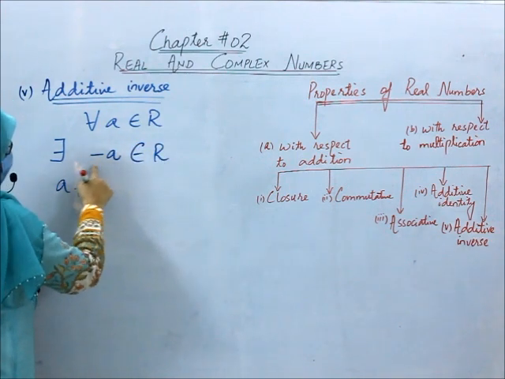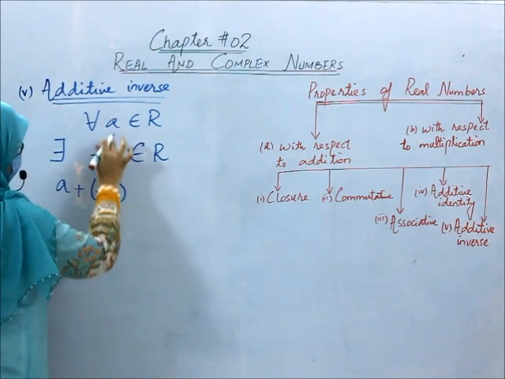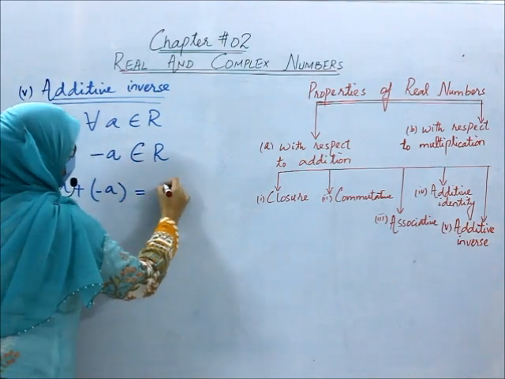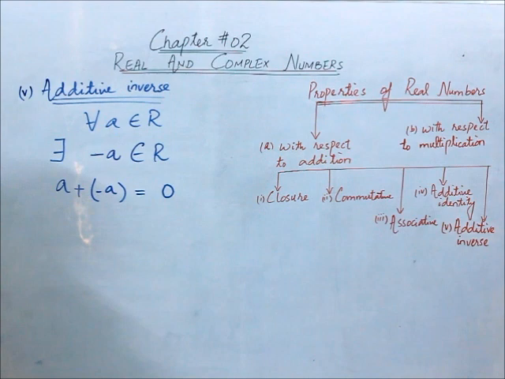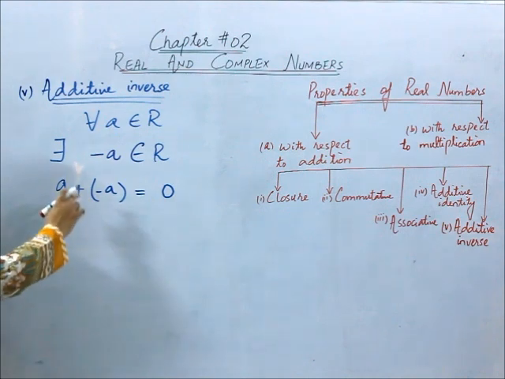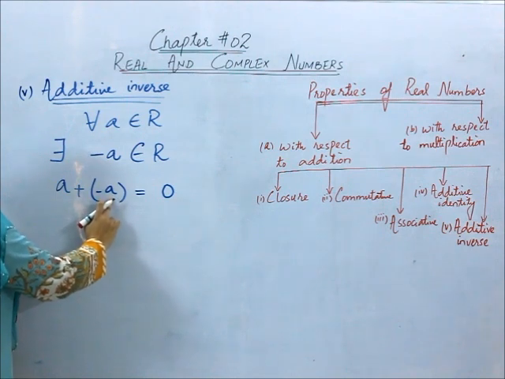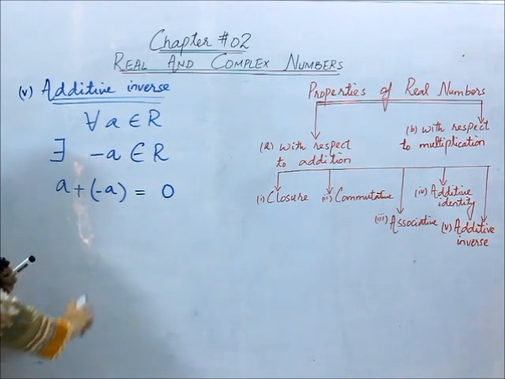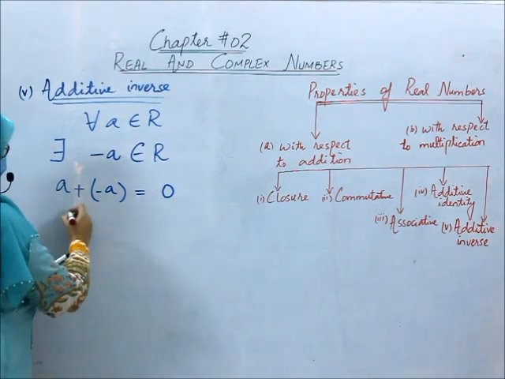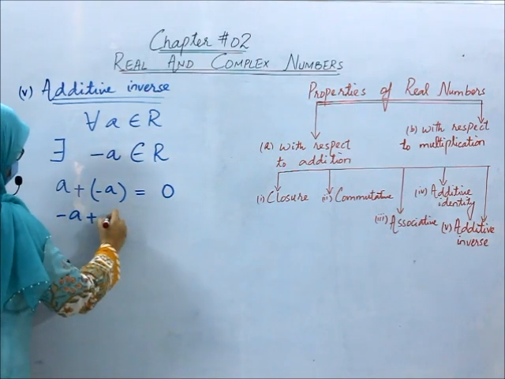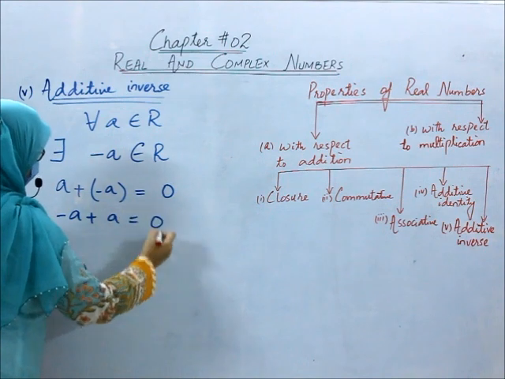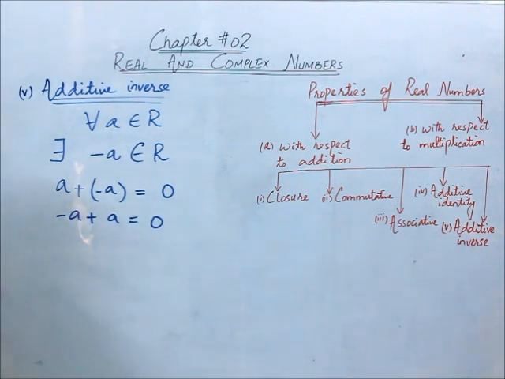So when this number is added to the given number, the answer would be the additive identity. Right? So there exists the negative of a number, a unique number, which when added to the given number will give us the answer as additive identity, or we can add it in this way as well. Fine? So this is called additive inverse.